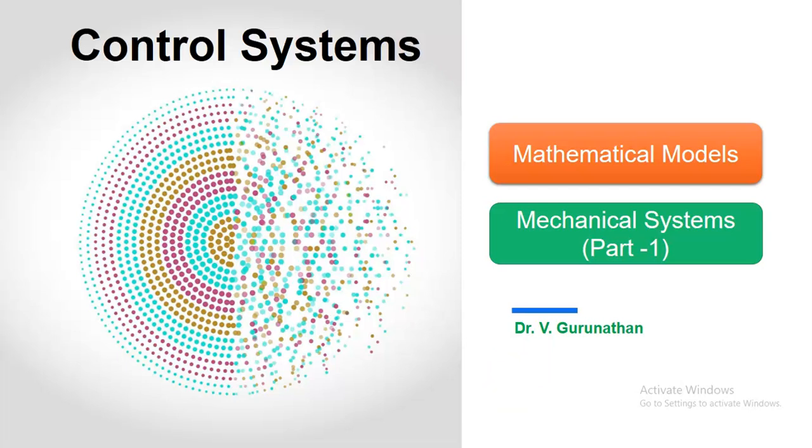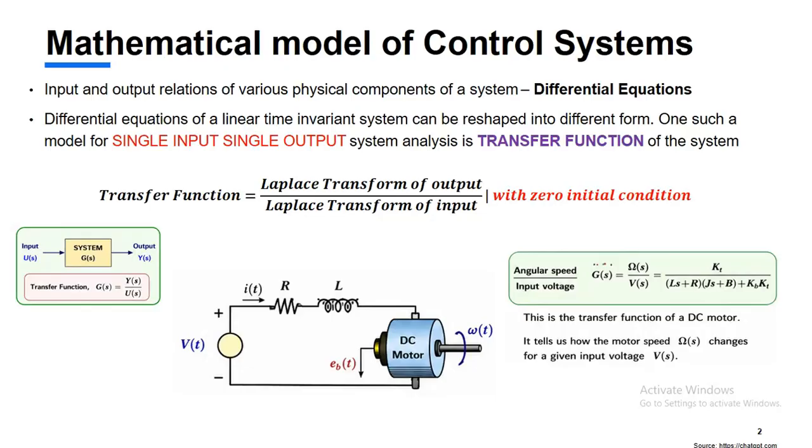Hi everyone. In this video, we are going to discuss the mathematical modeling of mechanical systems. As you all know, a control system is a collection of components which are connected together to do some objective.